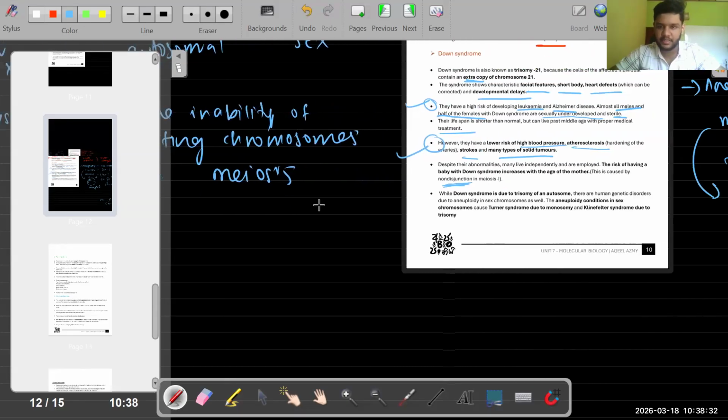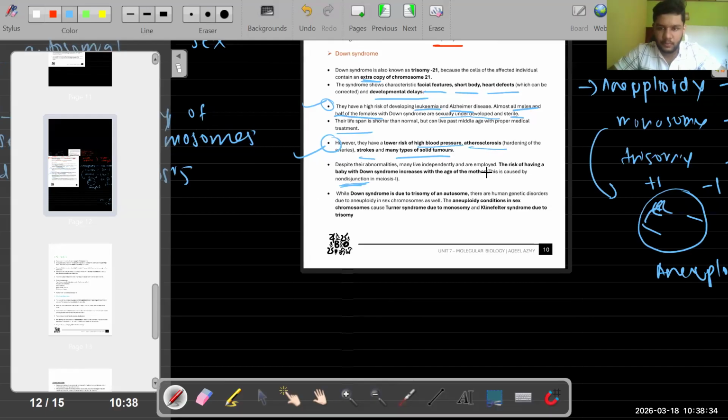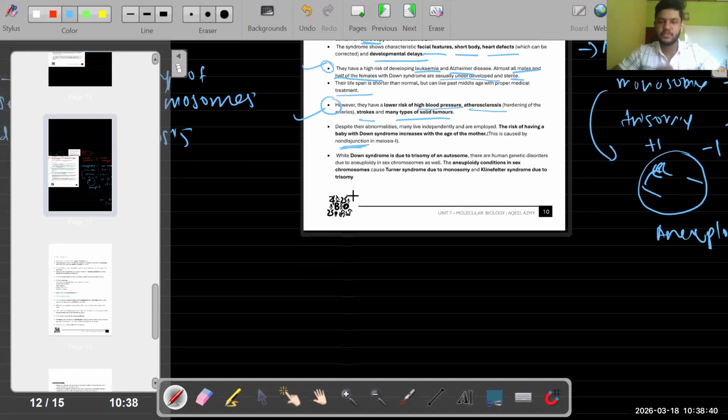Clear. Perfect. Okay. What they are saying is that the risk of having a baby with Down syndrome increases with the age of the mother. Now it is an indirect statement. They are saying when the mother's age increases, what happens?